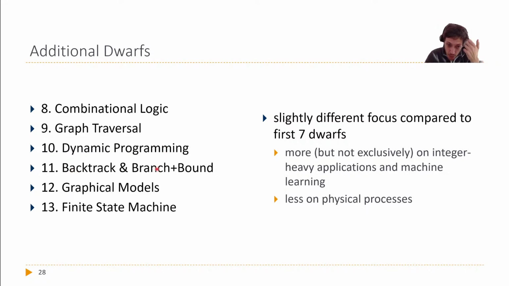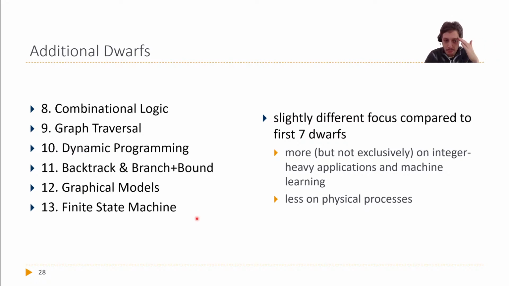Backtrack, branch and bound, where you try to figure out a certain solution, and if you figure out that in a tree structure you do not have any possible means of getting to an acceptable solution, then simply cut this subtree and do backtracking to the last state that still worked. Graphical models and finite state machines. I will present all of those now, but in a sort of more dense context by just having a single slide of all of them, presenting you with examples and arguing a little bit about what can be done and cannot be done.